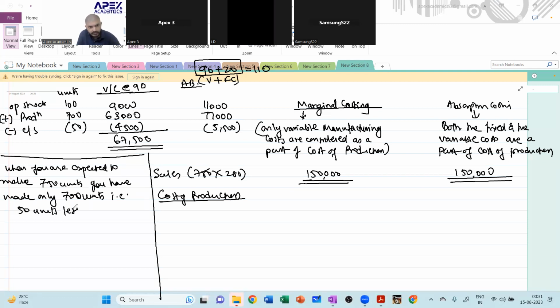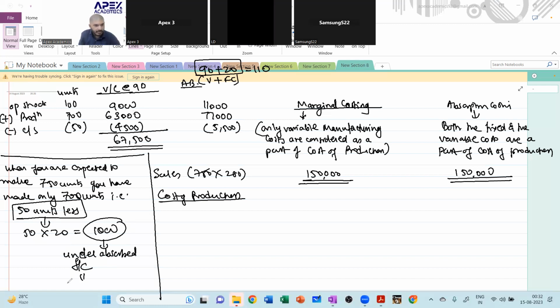That is 50 units less. How many units less? And what is the fixed cost per unit? 20 allocated. What is this? This is under absorbed fixed cost. This will impact only absorption costing and not marginal costing.